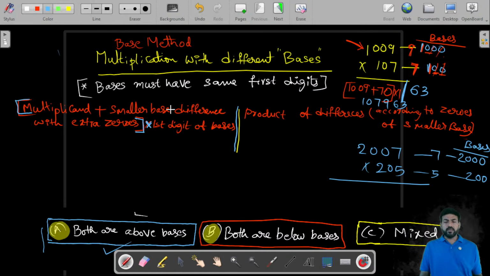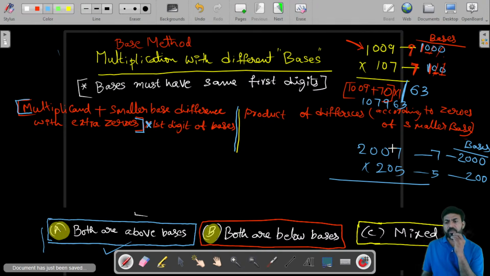Multiplicand plus smaller base difference. What is the smaller base? 200. This is multiplicand, this is multiplier. Remember, in multiplication, this one is multiplicand, this is multiplier. So multiplicand plus smaller base difference: smaller base is 200, difference is 5.